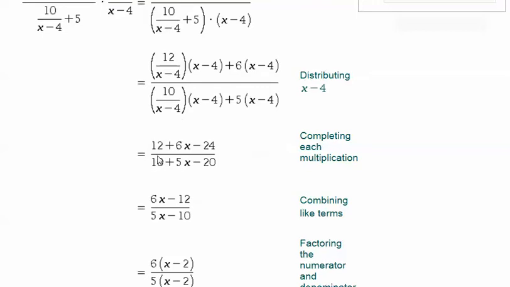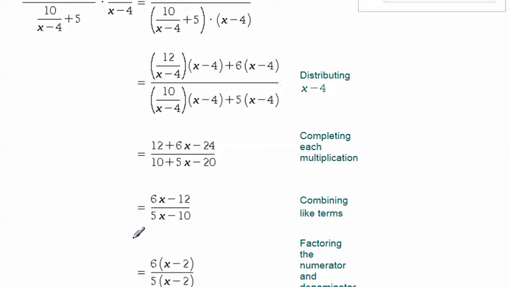Now, make sure you see how we got from here to here. Let me show you again. This cross canceled with this, leaving the 12, which you see here. This cross canceled with this, leaving the 10, which you see here. This part is the 6 distributed here. This part is the 5 distributed there.